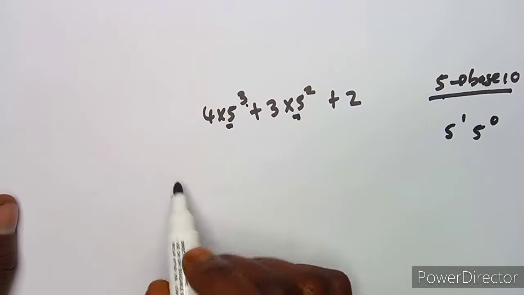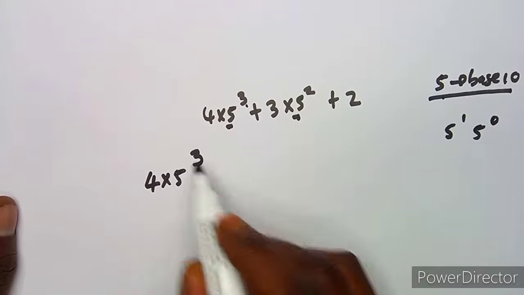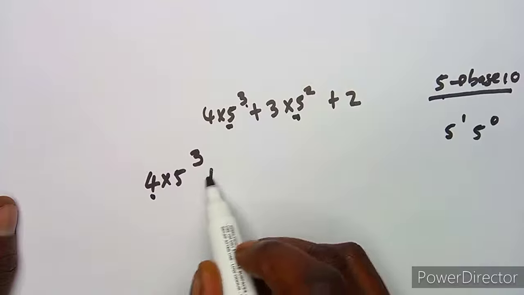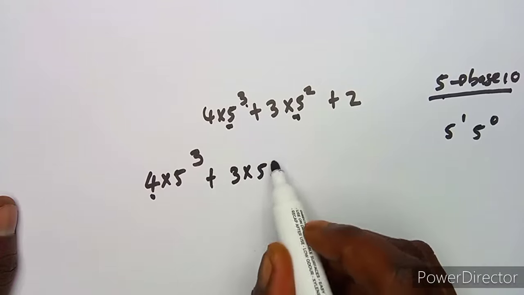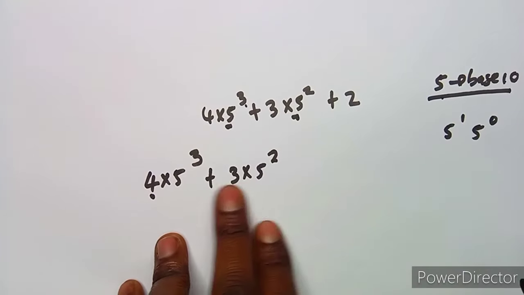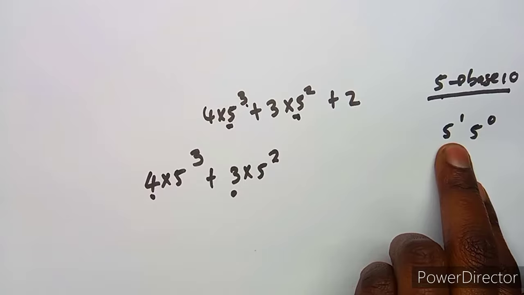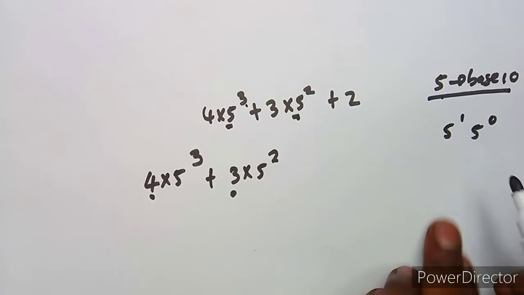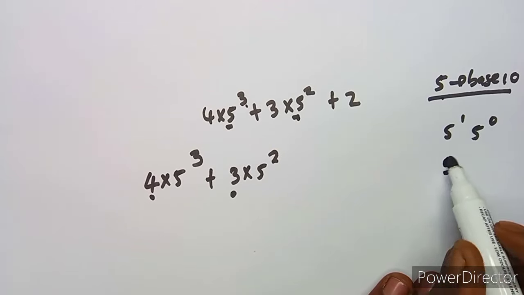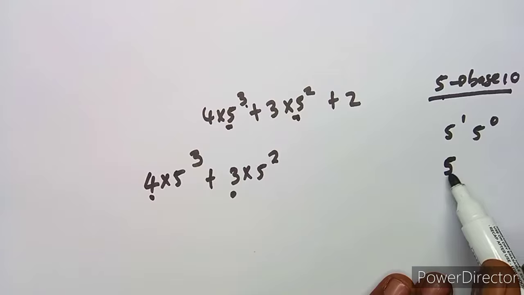All right, so let us rewrite this. It's going to be 4 times 5 to the exponent of 3 plus 3 times 5 to the exponent of 2. This part is fine, but we do not see any part that has 5 to the exponent of 1. And we know that 5 to the exponent of 1 is going to give us 5. We are in base 5, and this is going to give us 5.